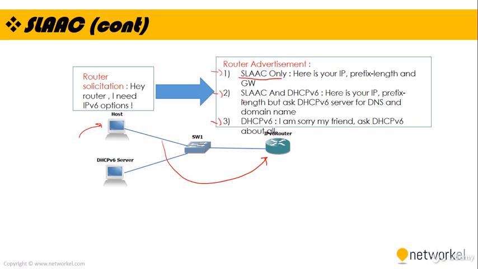The second option is SLAAC and DHCP version 6, which includes, here is your IP and prefix length, but ask the DHCP version 6 server for DNS and the domain name. Here we are providing some of the information from the router and defining some of the other information from DHCP version 6. And the last message can be DHCP version 6, which means I'm sorry my friend, ask DHCP version 6.